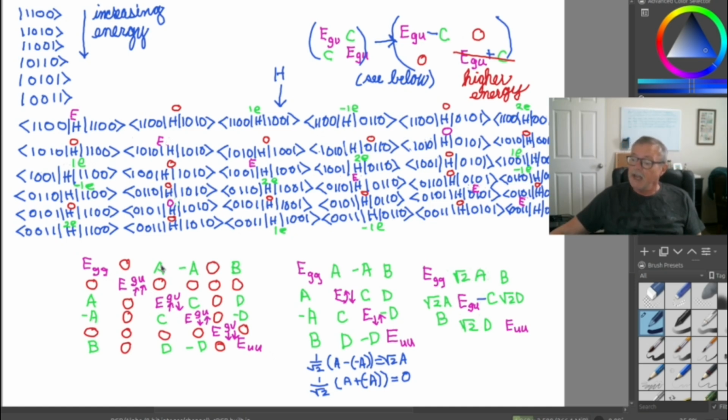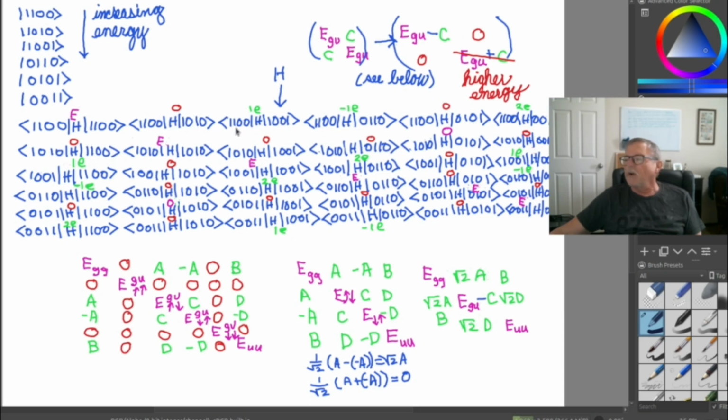Now, what is this A and this minus A? Well, that A and that minus A has to do with, well, let's just look at one of them. Let's look at what happens here with this A. That is going to be a single excitation.